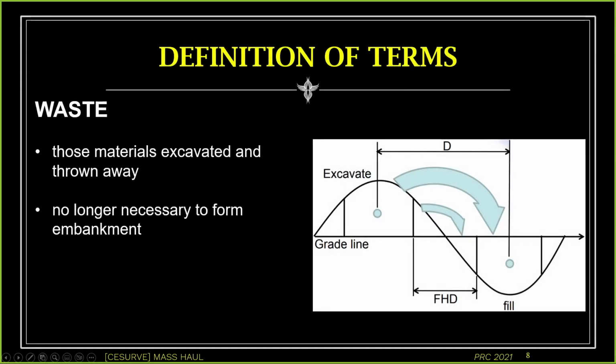So, we have the waste. Waste are those materials excavated and thrown away, no longer necessary to form the embankment. This portion will become waste because it is costly to transfer it here. The logistics are expensive, so we just throw it away.